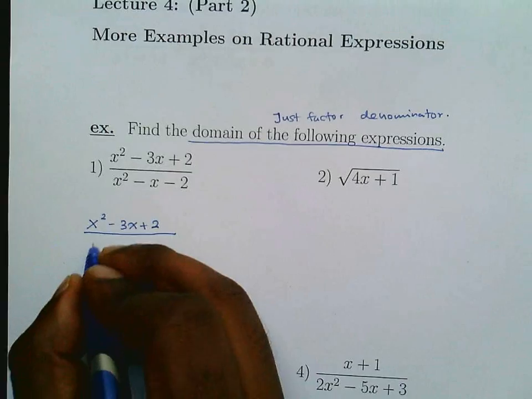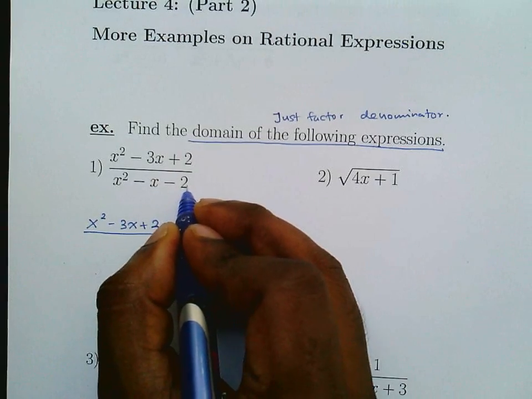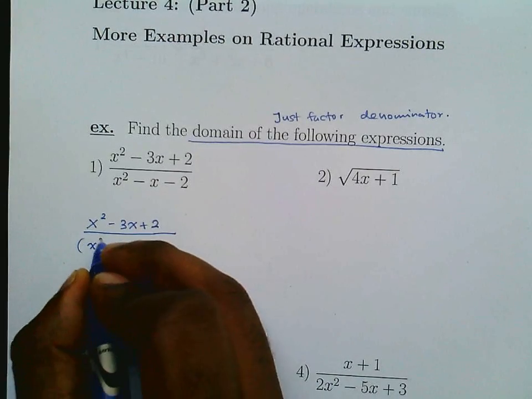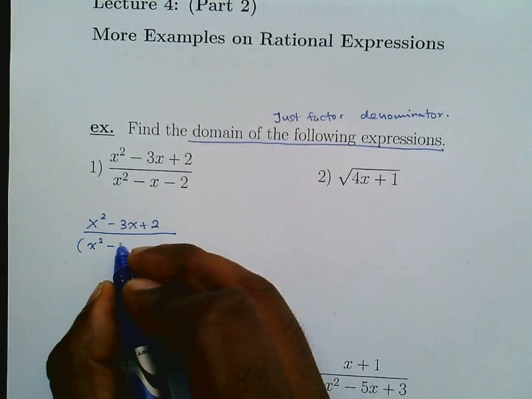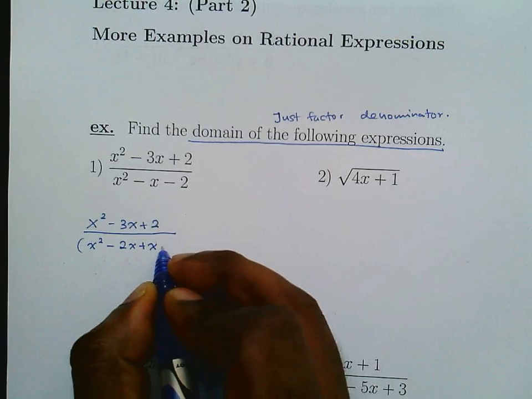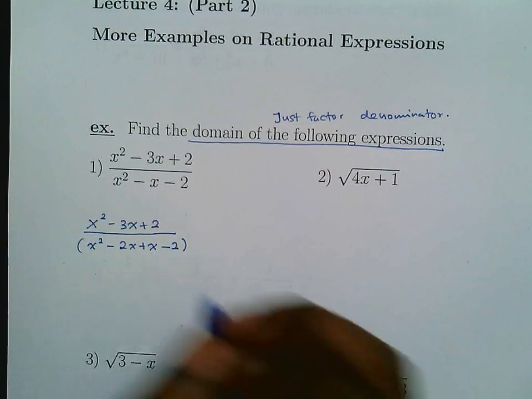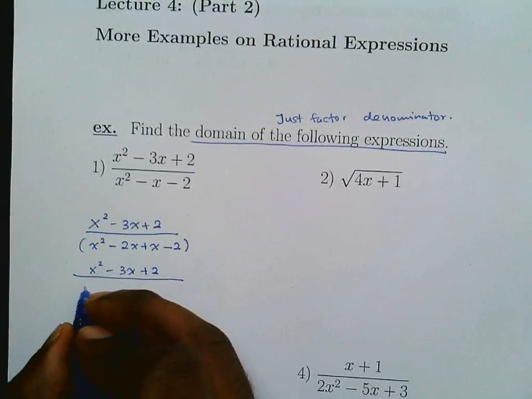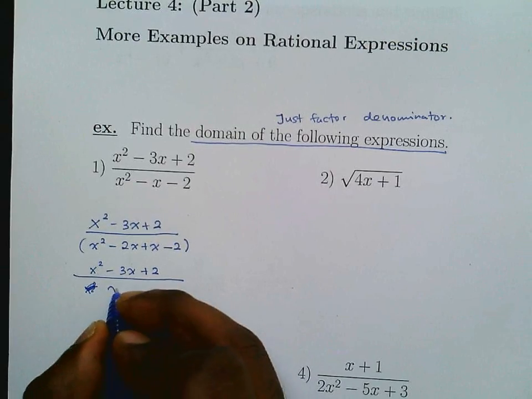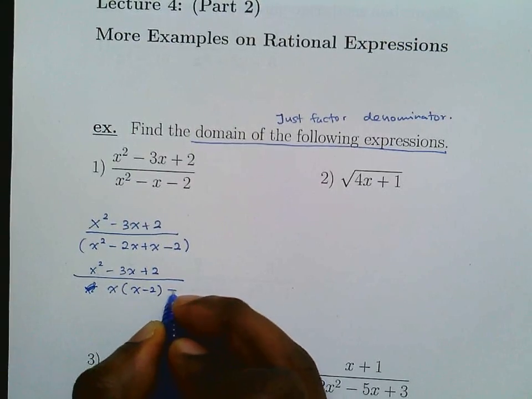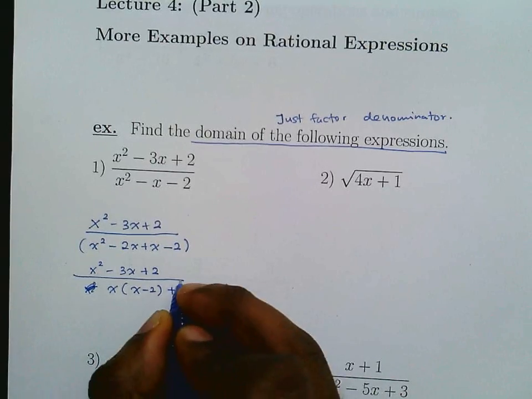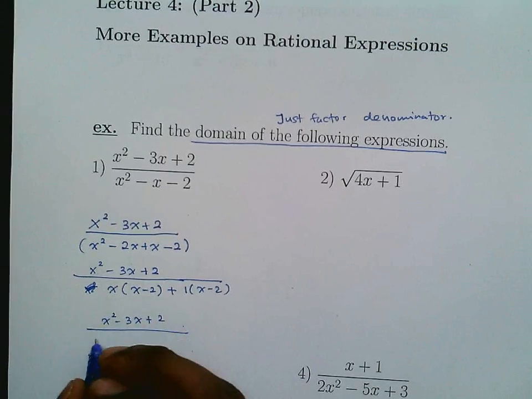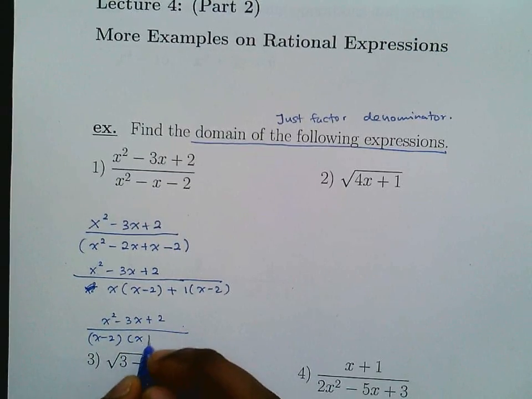Okay, so the denominator here, the factors of -2 are -2 and +1. So this is how you break it apart, and then you take common factors: x times (x minus 2) plus 1 times (x minus 2), which means you get (x squared minus 3x plus 2) divided by (x minus 2)(x plus 1).